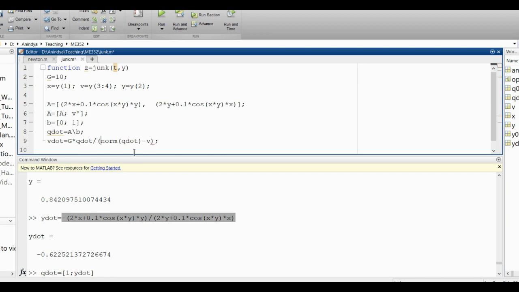That's not correct. This is what is correct. Okay, that's what I had before. So now over here what happens is, this largish gain drives this V towards a unit norm vector in the direction of q dot. Okay, so let us see how that works.